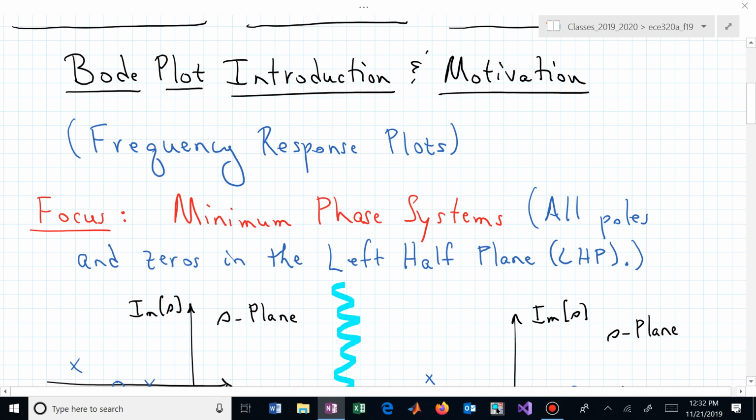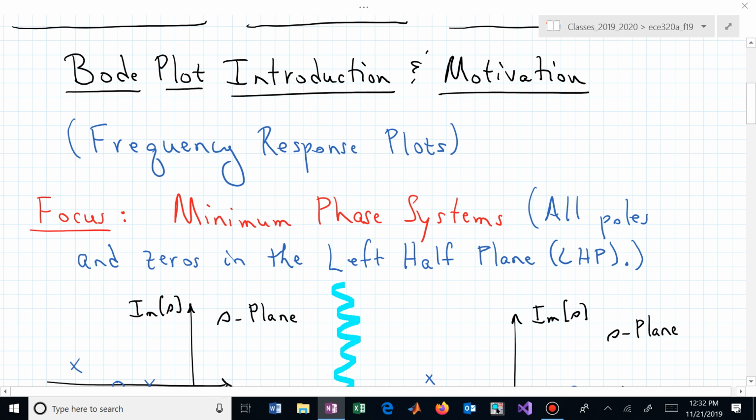Bode plots, another way of saying that is just frequency response plots. We're plotting magnitude and angle of a system, of a transfer function, with respect to frequency. And these are done on semi-log plots, which means we have just a linear axis on the vertical and a logarithmic axis for frequency.